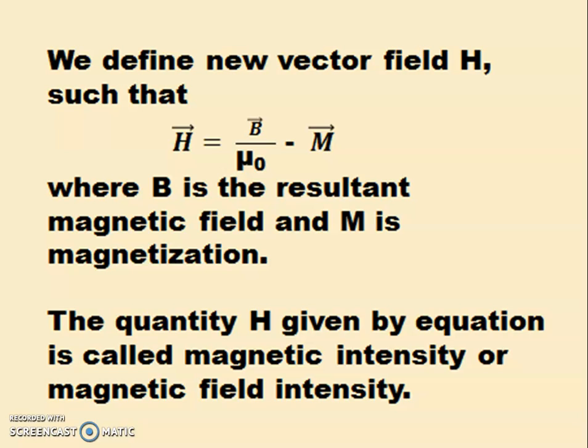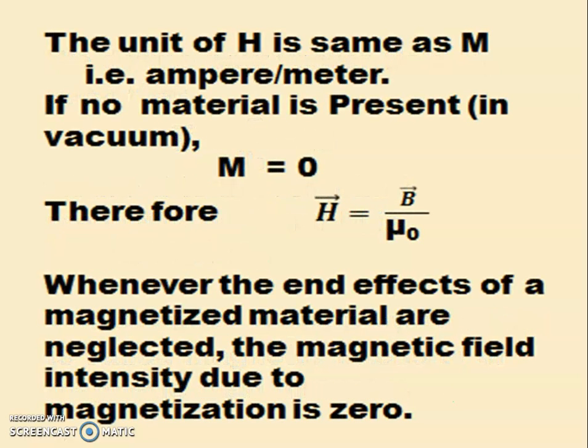The quantity H given by the equation is called magnetic intensity or magnetic field intensity. The unit of H is the same as M, that is magnetization, that is ampere per meter.